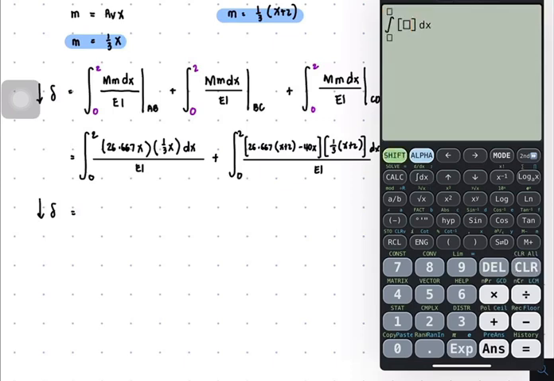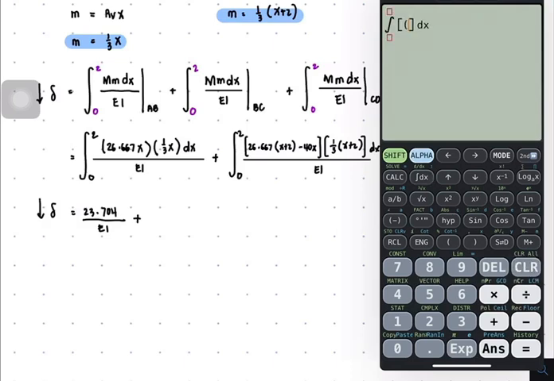And the integral of 26.667 x times 1/3 of x, limits from 0 to 2. And the answer there is 23.704 over EI.